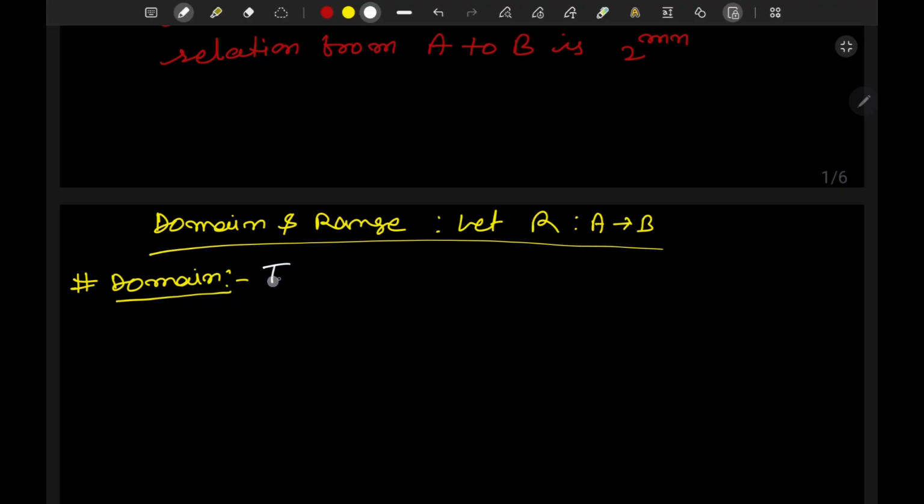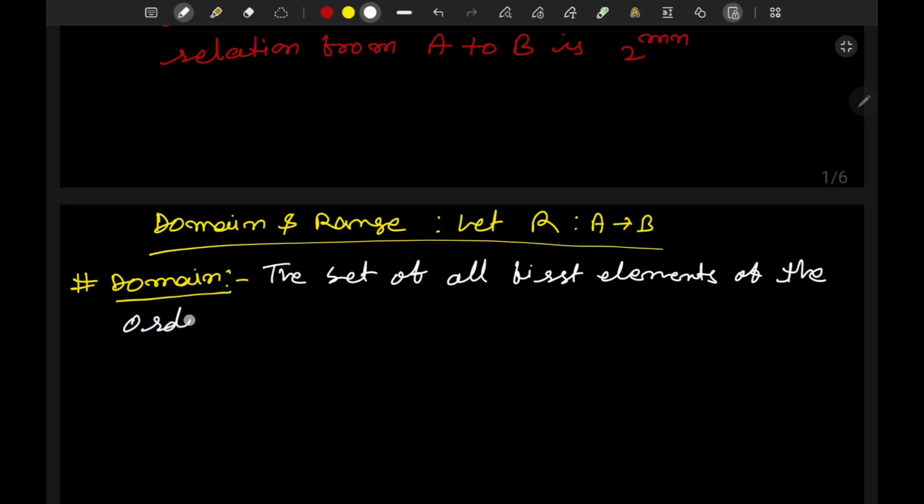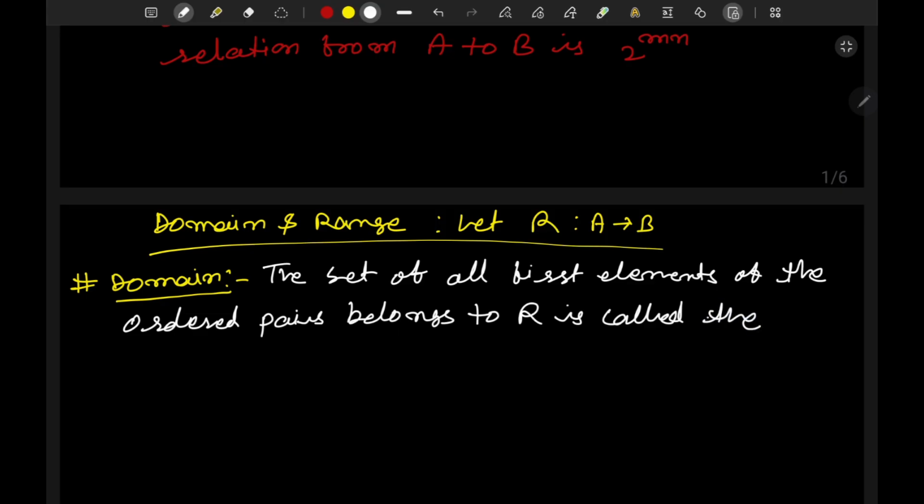The set of all first elements of the ordered pairs belonging to R is called the domain of R.